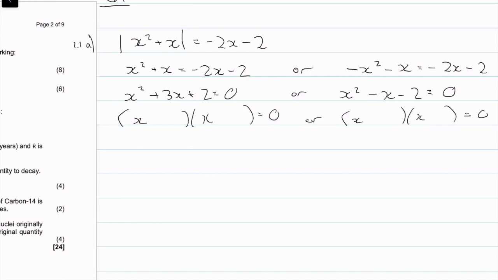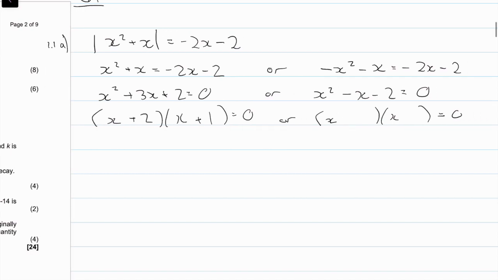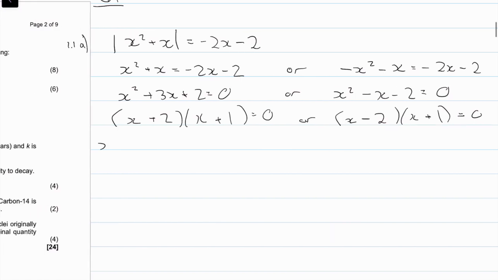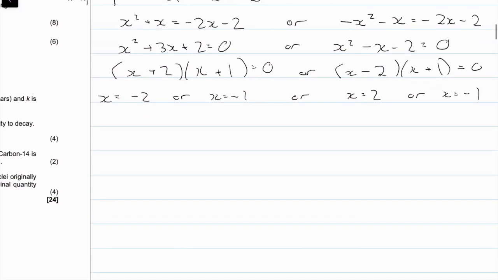On this side, this should be quite easy for you guys, plus 1 and plus 2, and this is minus 2 and plus 1. So basically what we can say is that x is equal to minus 2, or x is equal to minus 1, or x is equal to 2, or x is equal to minus 1. Okay, so we have minus 1 coming out twice, that's no problem.